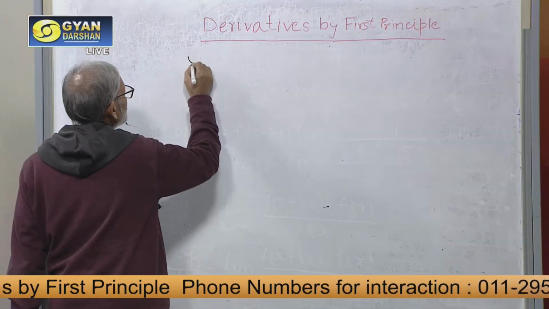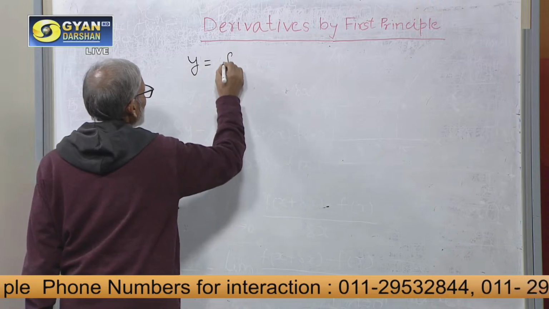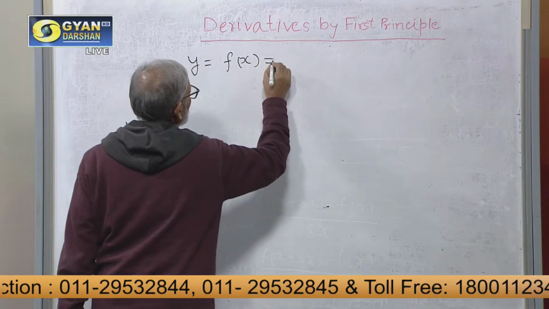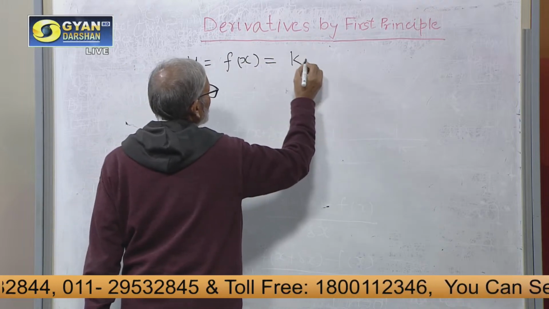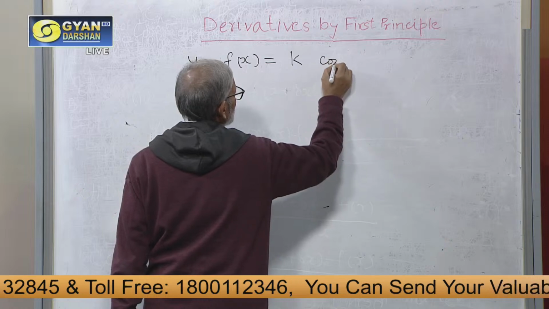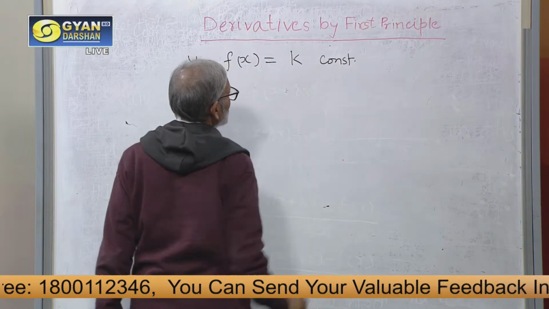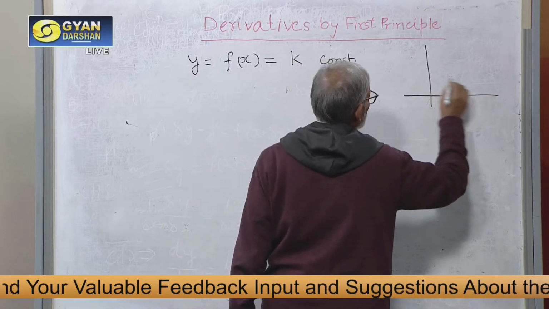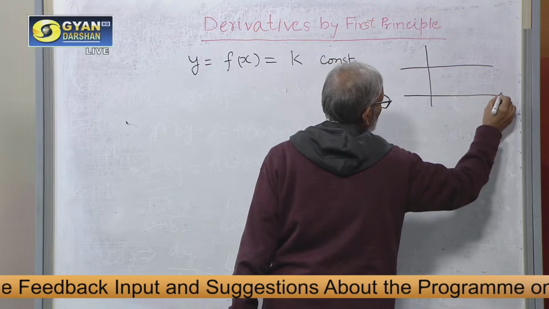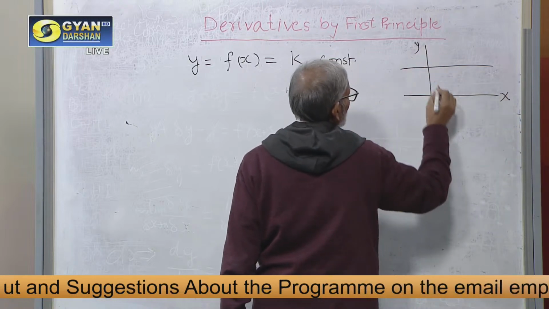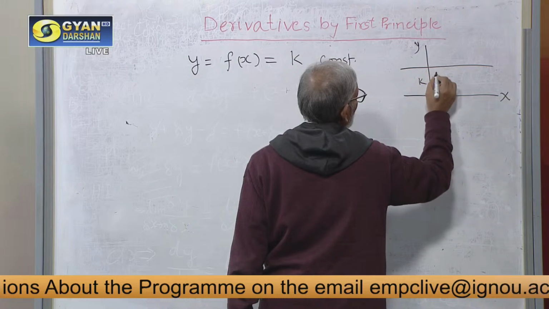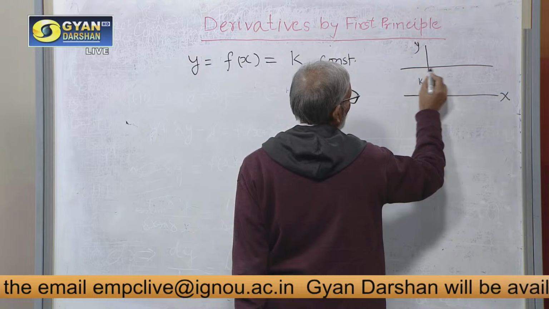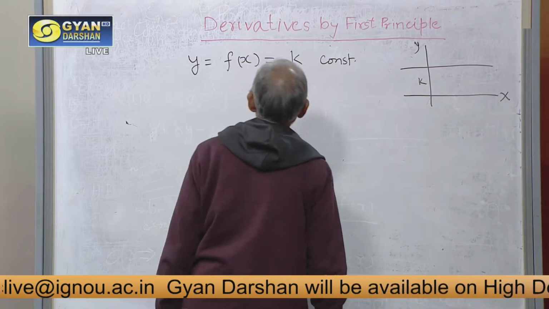So y is equal to f(x) is equal to a constant k. Its graph is like this. Suppose this is the x axis, this is the y axis, this has value k. Its value is constant, it remains at k.